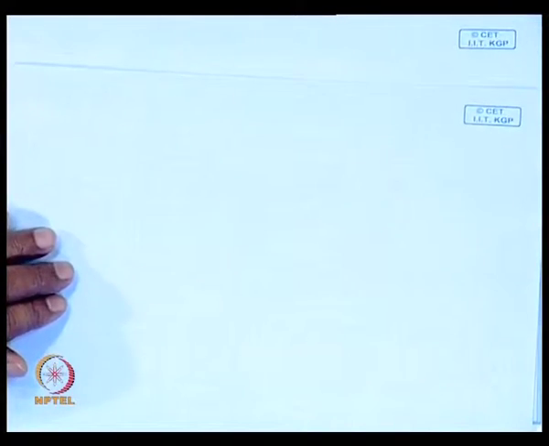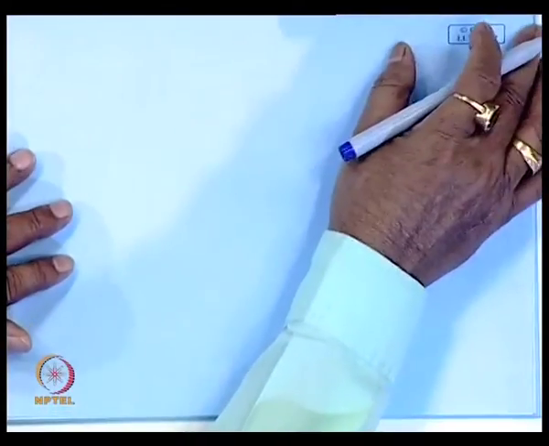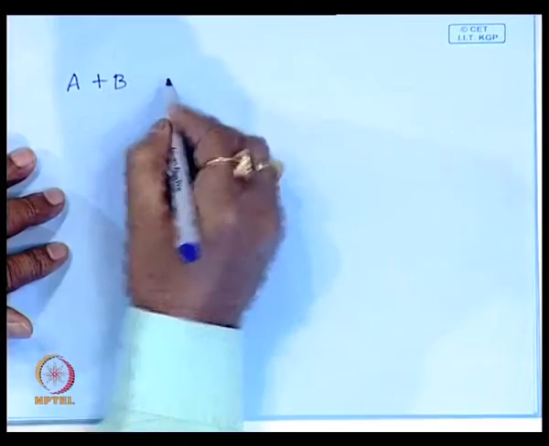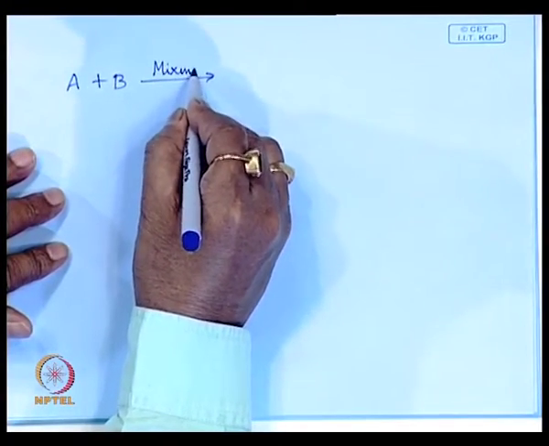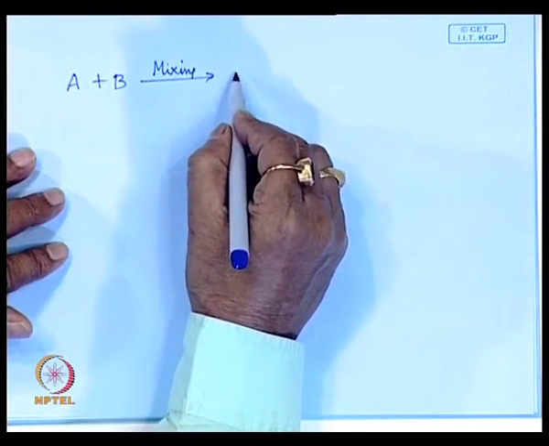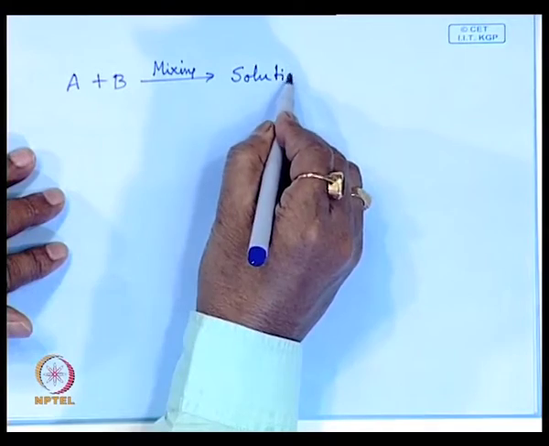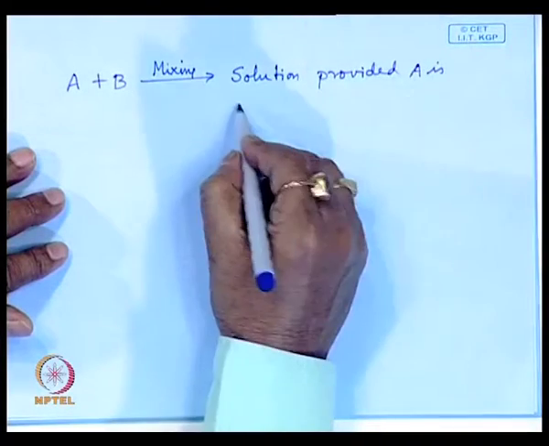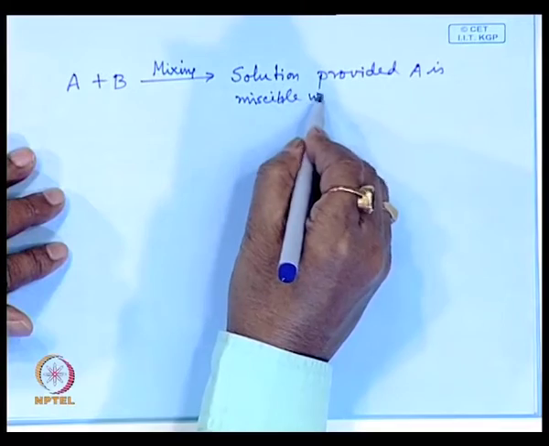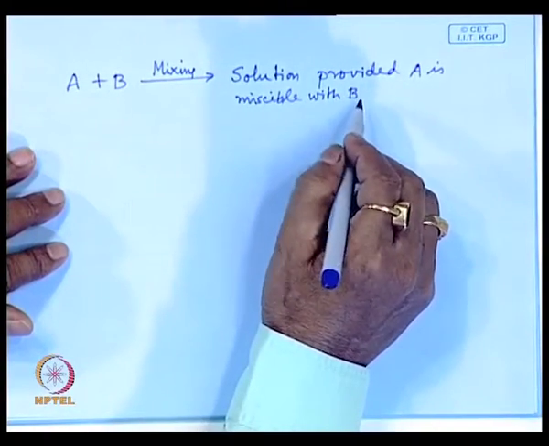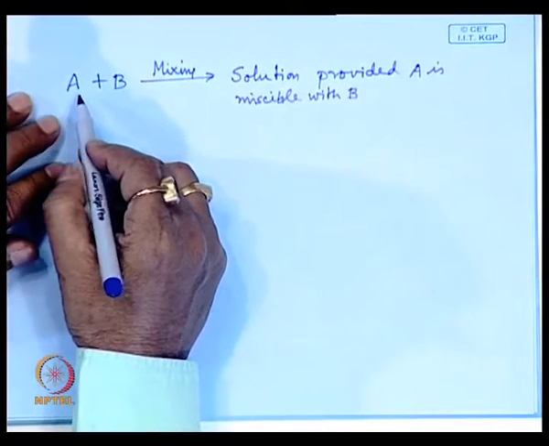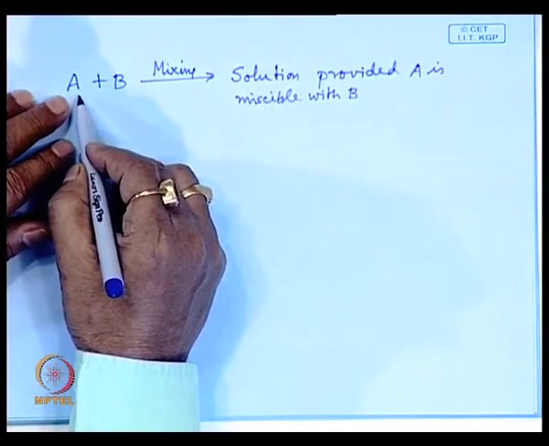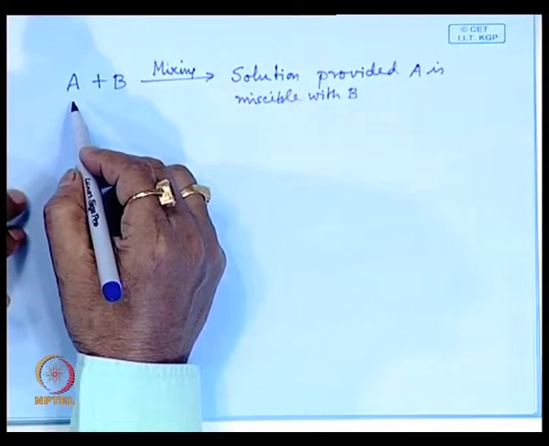Solubility, what do we mean by solubility? If we mix a component A with a component B, we can get a solution, provided A is miscible with B. Out of these two components, one may be considered as a solvent and the other may be considered as a solute.